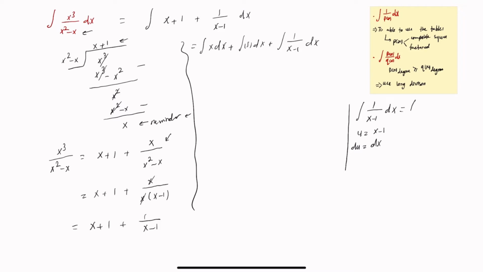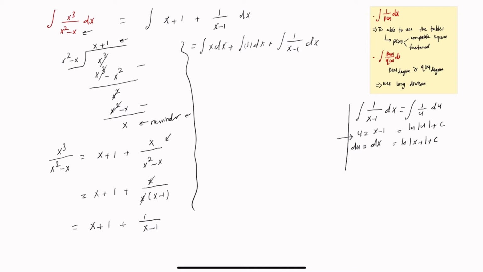So the integral is going to be equal to 1 over u du. Now that's going to be equal to the natural log of the absolute value of u plus c. Now I'm going to back substitute the function of u, which is x minus 1. So this is going to be equal to natural log of the absolute value of x minus 1 plus that constant.